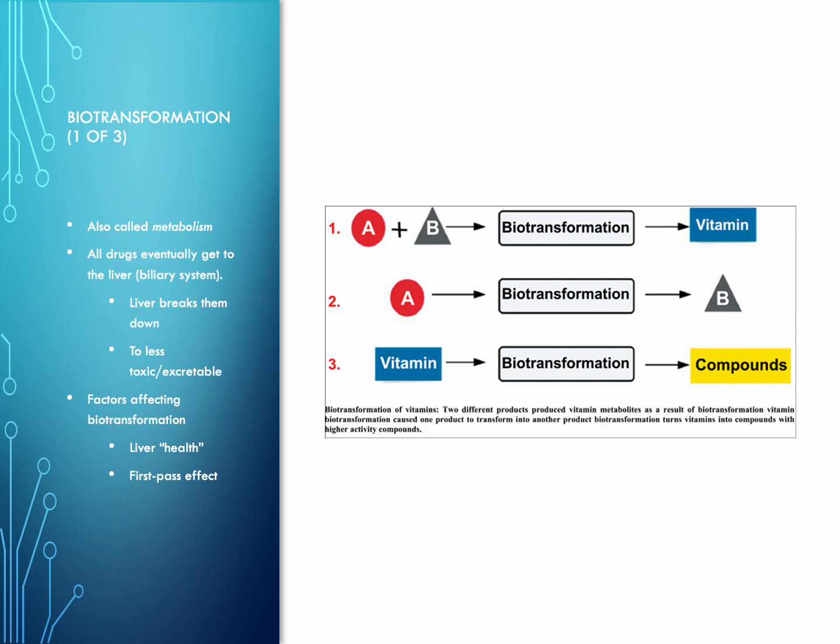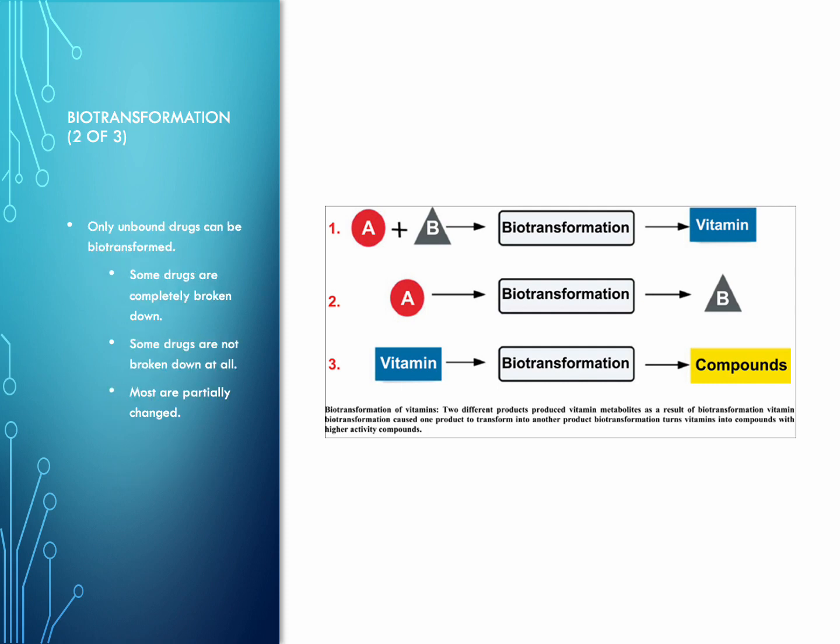So these drugs are going to enter the liver through the hepatic portal system prior to entering circulation. And because of that, they can be severely altered by that process, or they can be inactivated altogether, which is going to impact the drug's effectiveness. So, how does the liver do this?